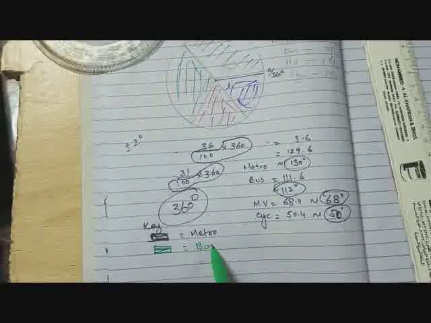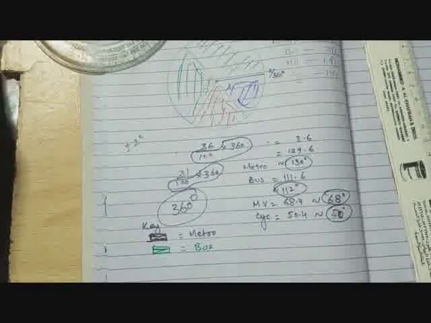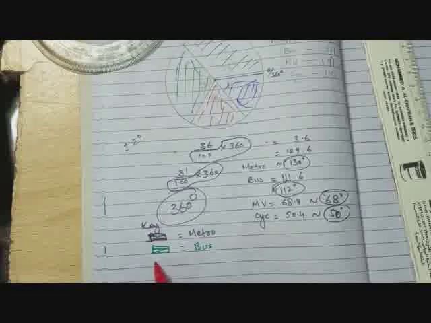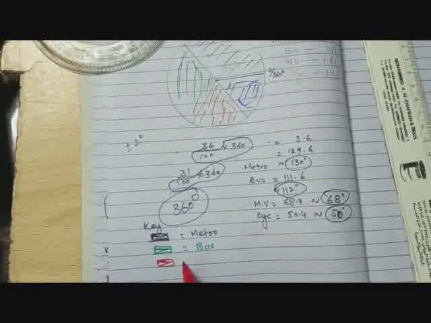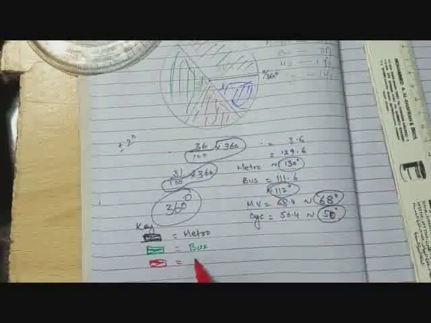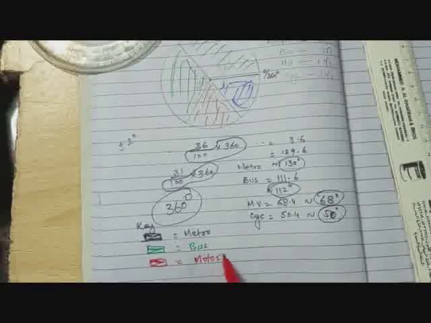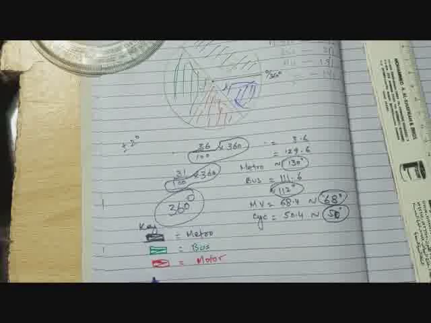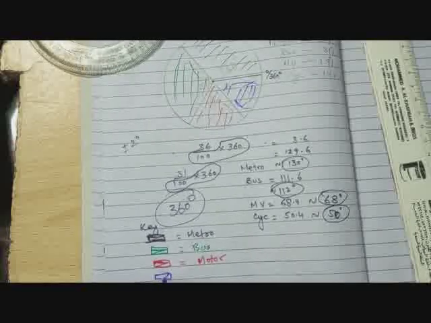And for red, it is motor vehicle. And blue, it is cycle. So this pie chart has been completed.